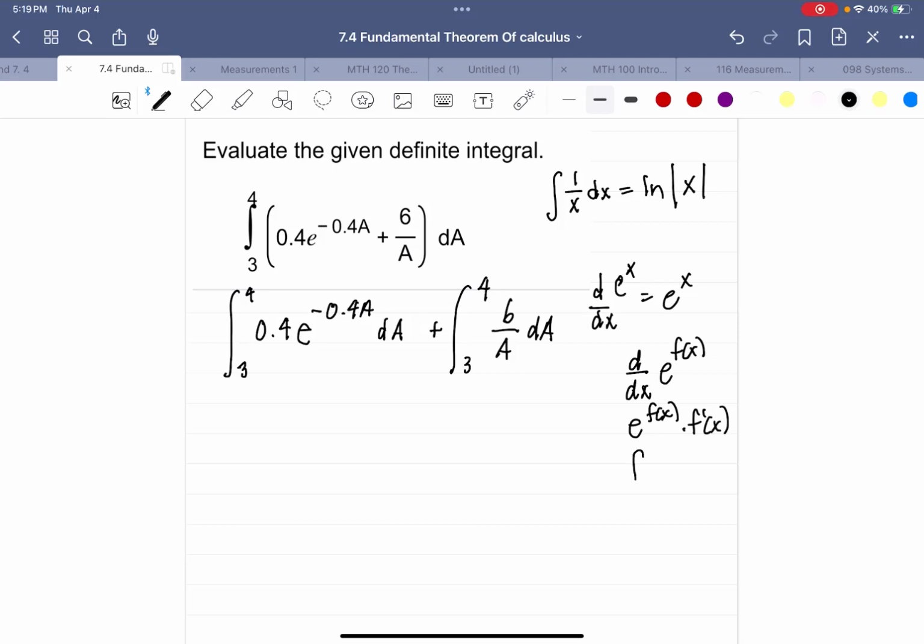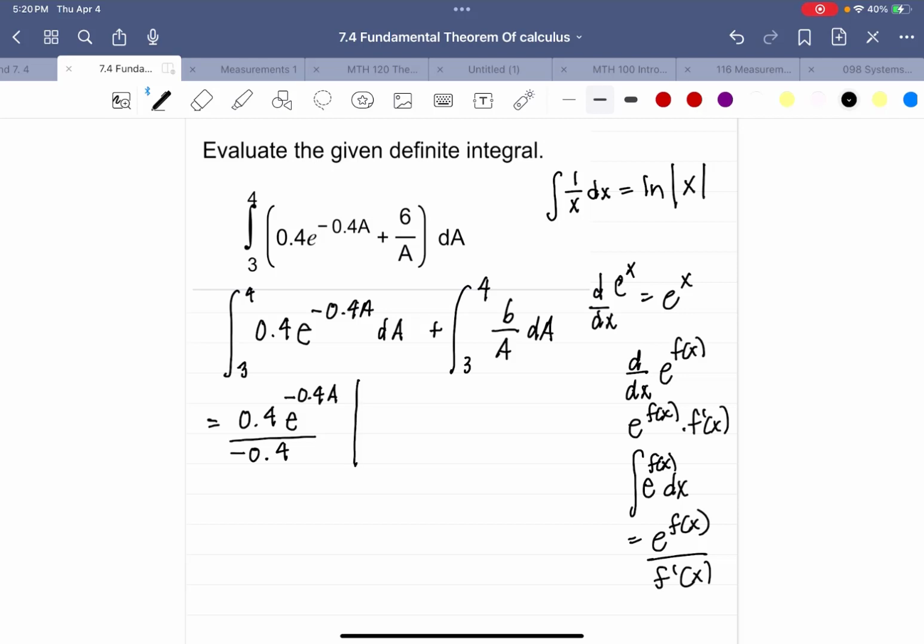So when you do the integral of e to the f of x dx, it's e to the f of x divided by f prime of x. So this is going to be 0.4 e to the negative 0.4a divided by negative 0.4, evaluated at 4 and 3.